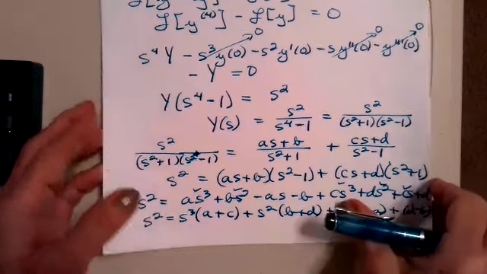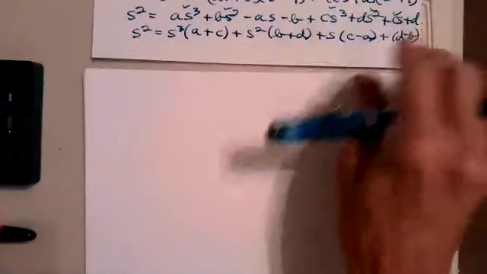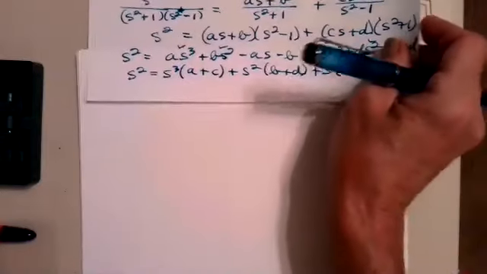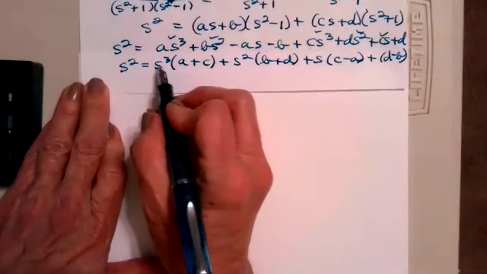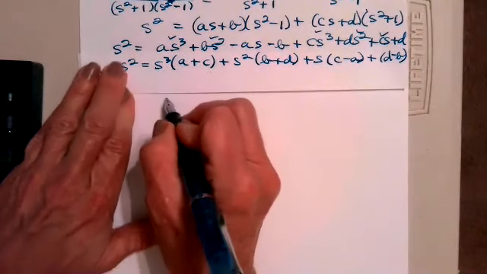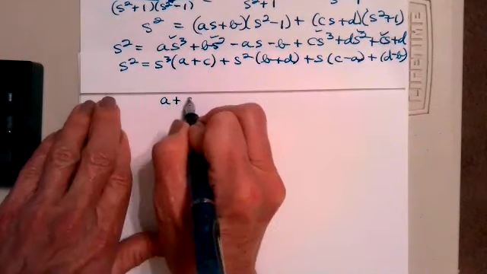Okay, and now this is just the method of partial fractions, which you should already know from Calculus 2 or basic high school algebra before that. So now you equate the coefficients. The coefficient of s cubed on the left is 0, and on the right is a plus c.